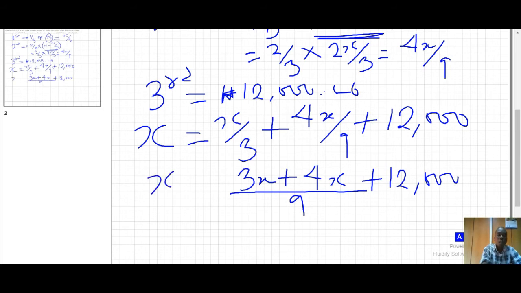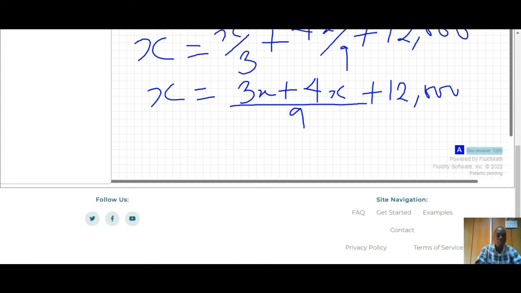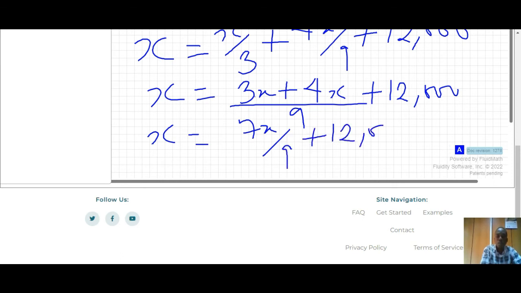Simplifying this, our X will be equal to 7X over 9 plus 12,000 naira.